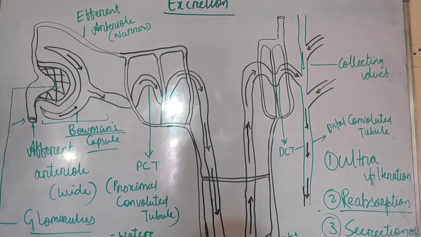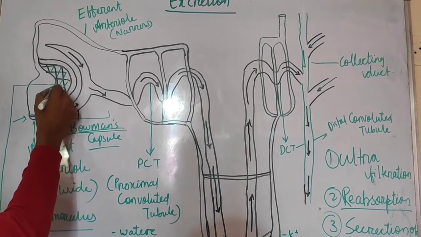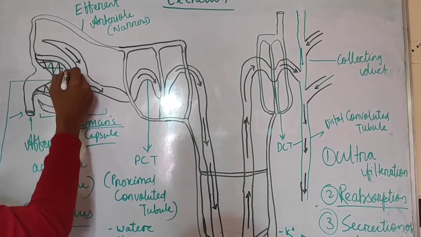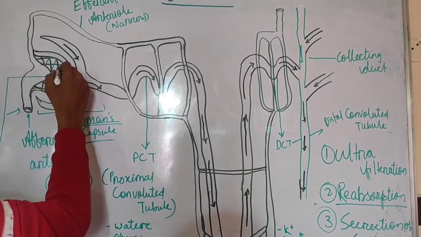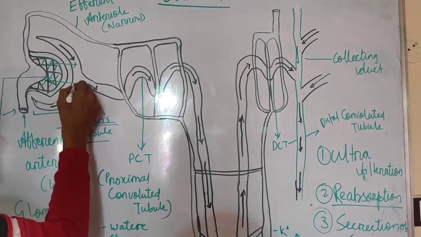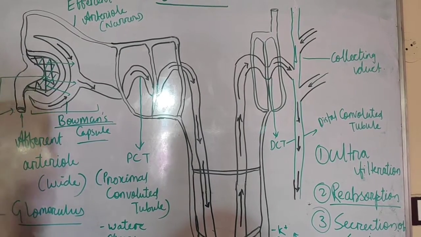This is the capillary portion of the blood. These are the blood capillaries. From the blood, the waste gets absorbed into the Bowman's capsule.